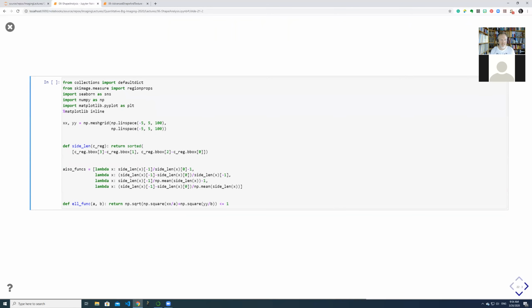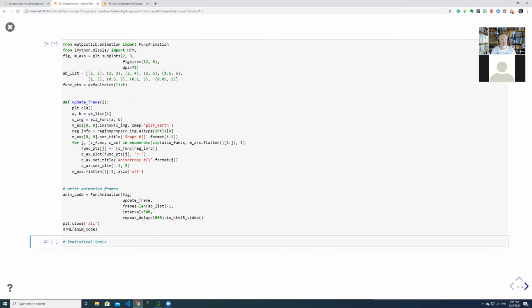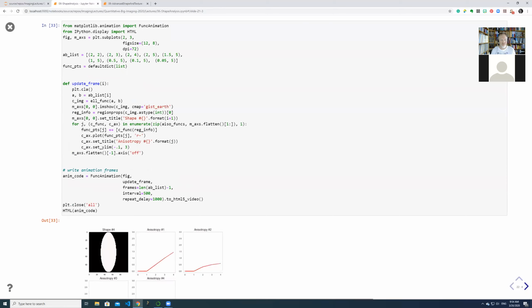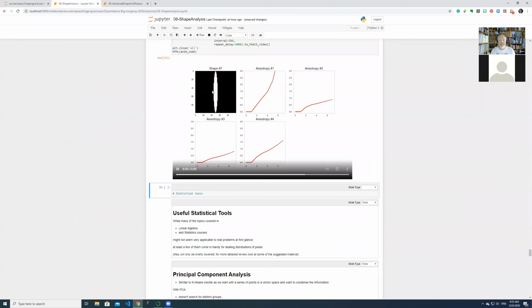So let's look at something here. Looking at the bounding boxes. I was just defining a couple of functions. And now we look at what happens with the anisotropy metric when we change the shape. It starts out pretty round, and then we elongate it, and you can see that some of these fly up in the sky, while other ones keep pretty flat.